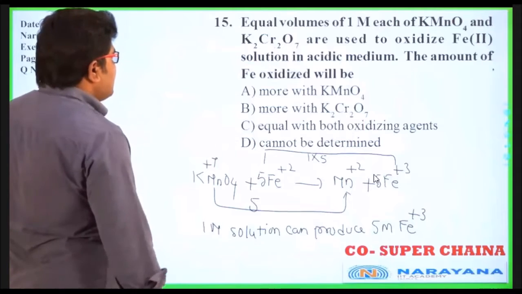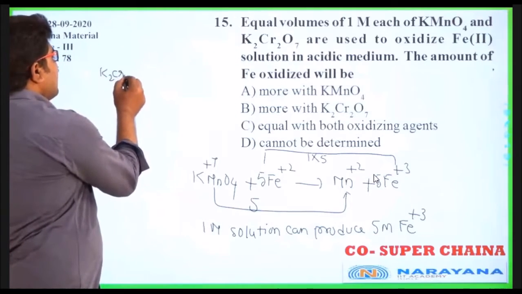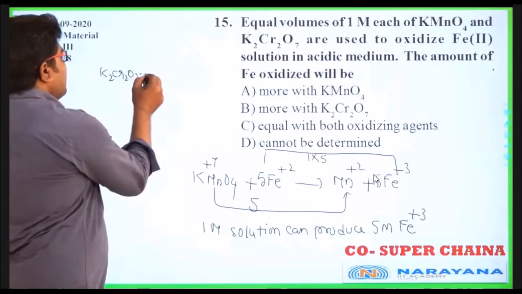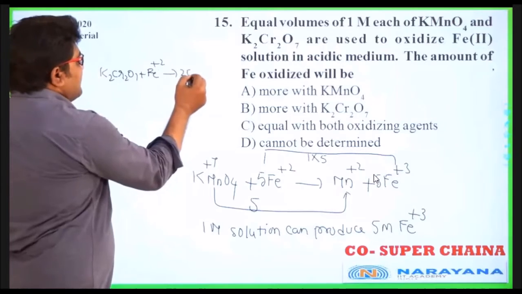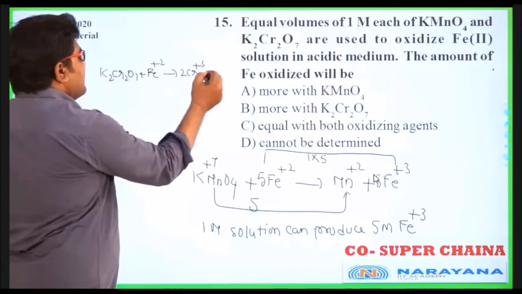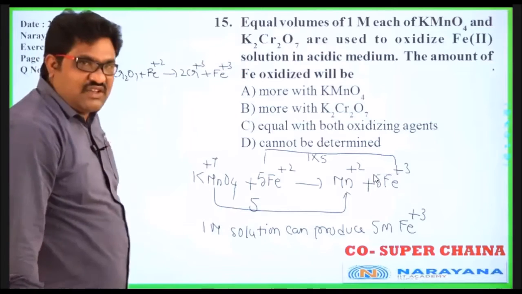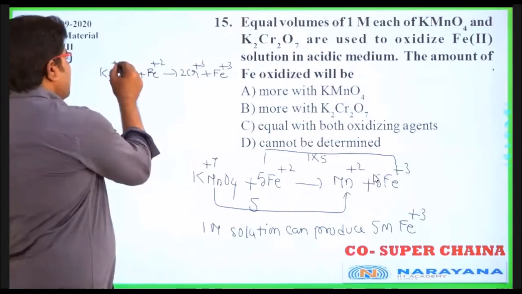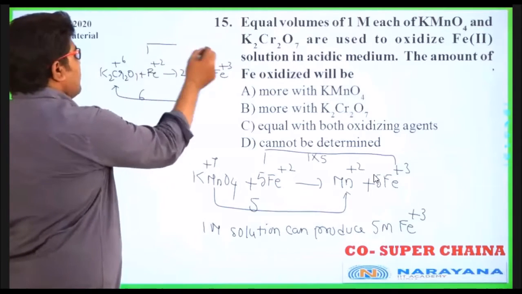And coming to K2Cr2O7, K2Cr2O7 plus Fe plus 2 gives rise to Cr plus 3, and Fe plus 2 is converted to Fe plus 3. Okay. Now here plus 6 oxidation state and change is 6 units, here 1 unit.